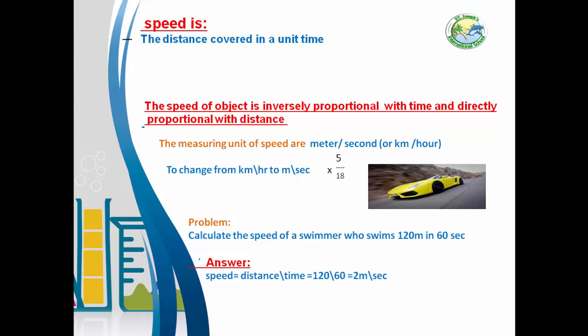Speed is the distance covered by an object in a unit of time. There are two factors affecting speed or motion. They are the distance covered by the moving object and the time taken to cover the distance.